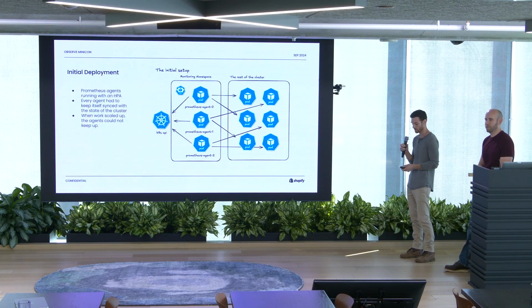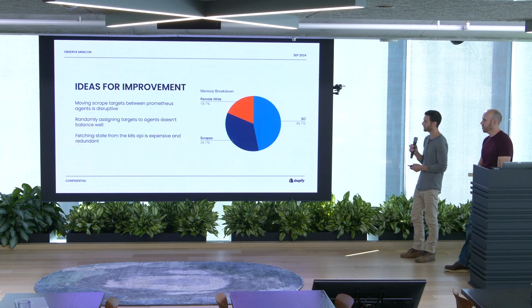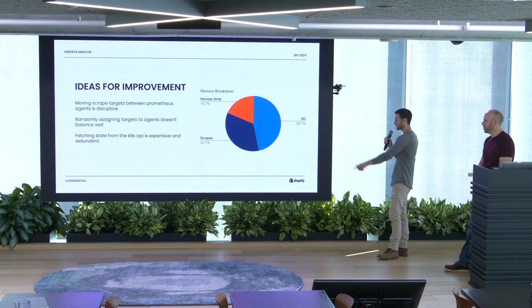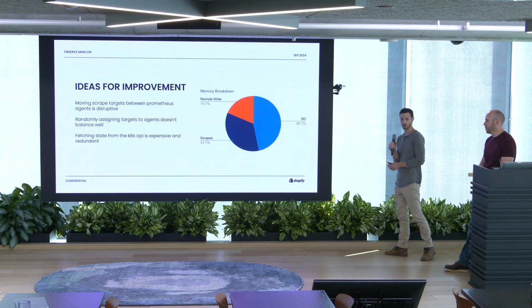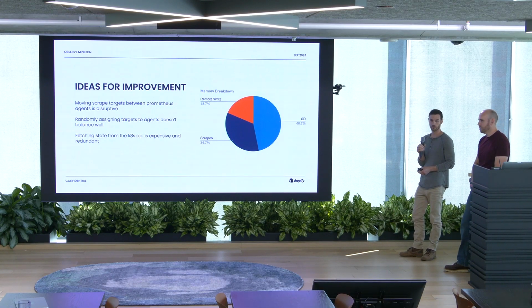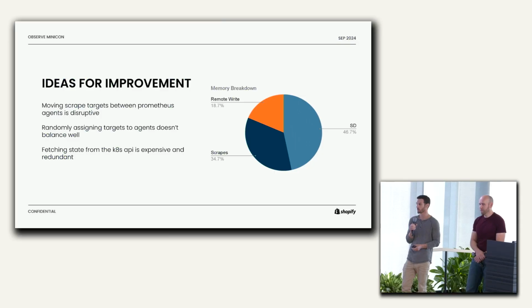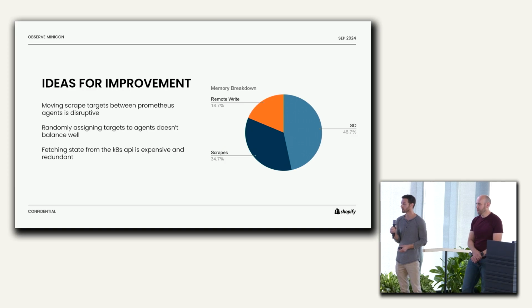So we profiled the Prometheus agent, and we saw that, surprisingly, just discovering the services within the cluster on some of these really large clusters took 50% of the resources, both CPU and memory in some cases.